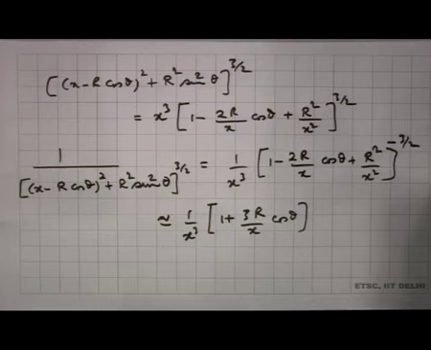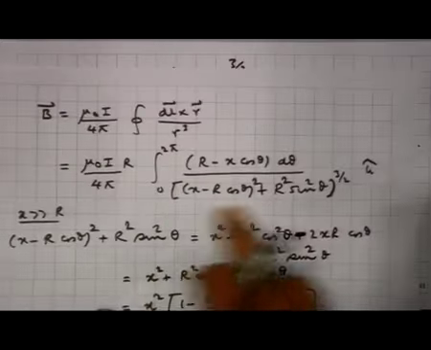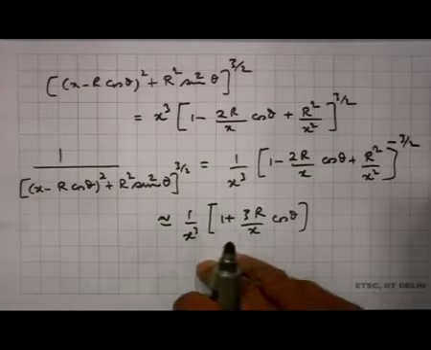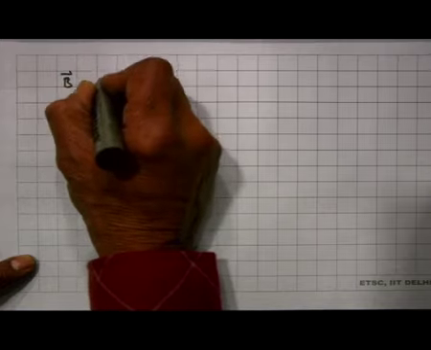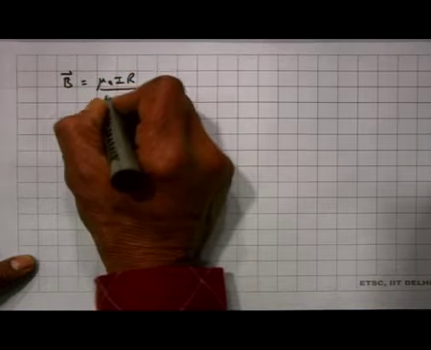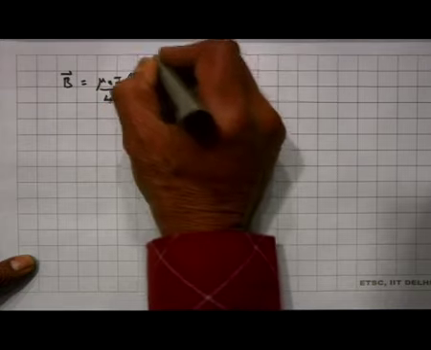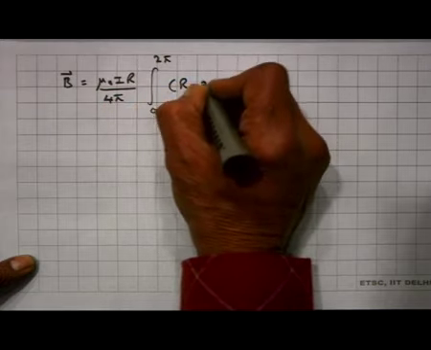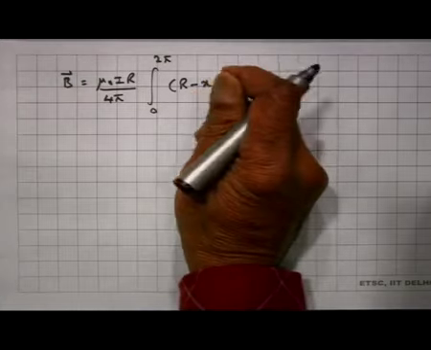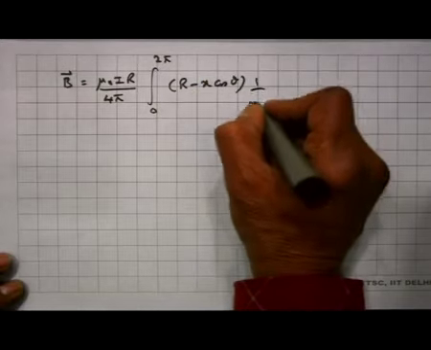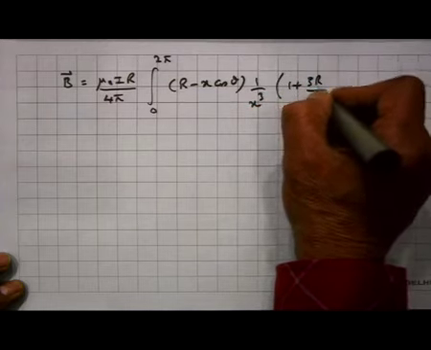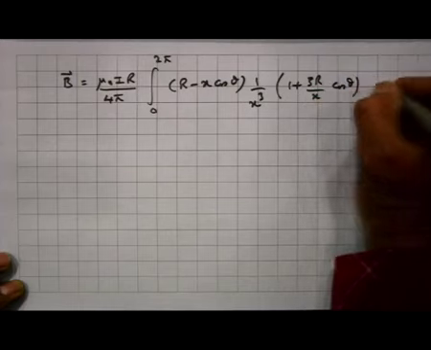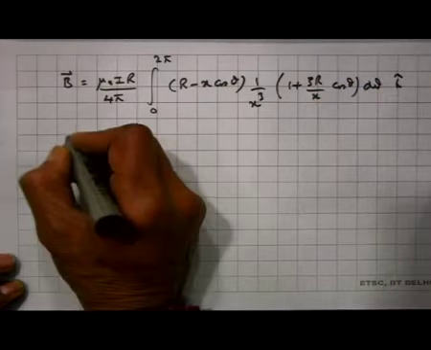So, now let me calculate. I have got an approximate expression for the denominator, and I have the numerator sitting there. So, let me substitute into this equation. B is equal to mu naught I r by 4 pi integral 0 to 2 pi (r minus x cos theta) 1 by x cube into (1 plus 3 r by x cos theta) d theta k cap. So, let me expand this.